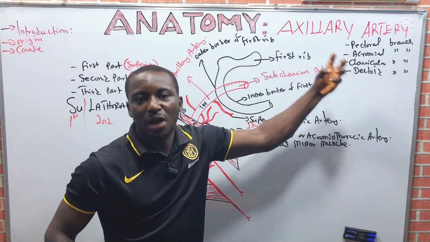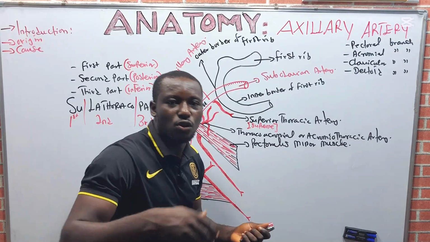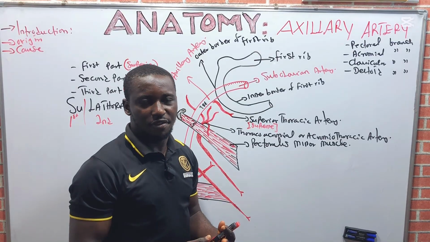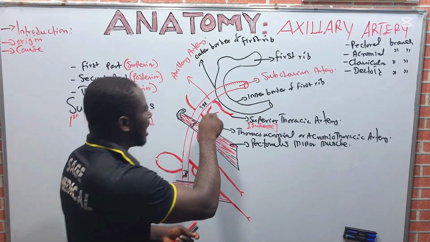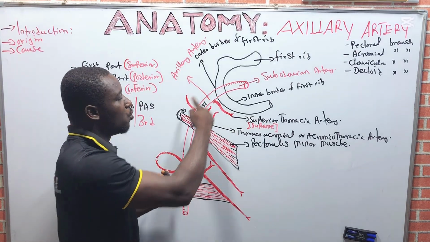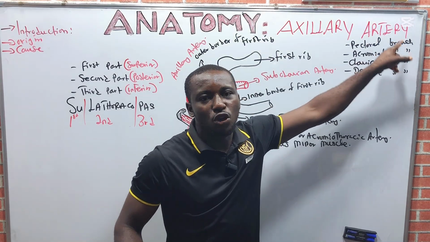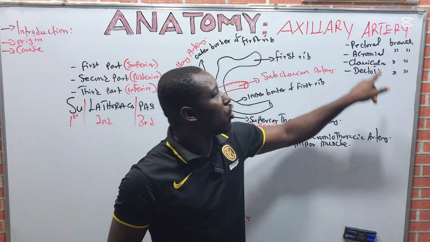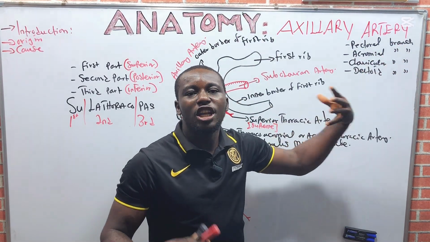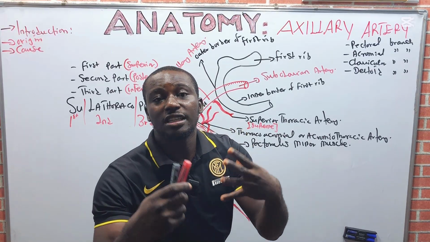These 4 branches radiate at right angles to each other. The pectoral branch supplies the pectoral region. The acromial branch ends by joining the anastomosis over the acromion process of the scapula.